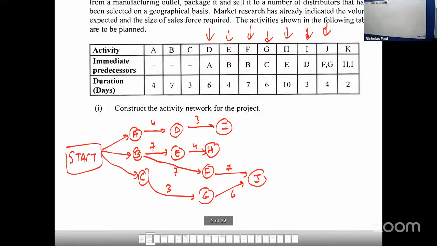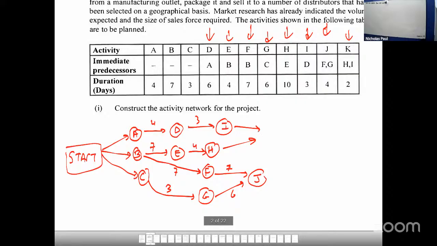So what it's saying is that F is critical for J to finish, right? So I want you to bear those things in mind, right? That's the only way that J can happen. F had to finish. F is 7 days. Right? And lastly, K. H and I.